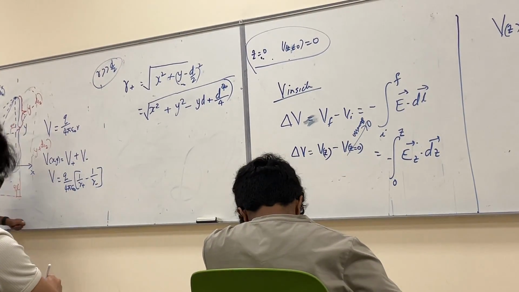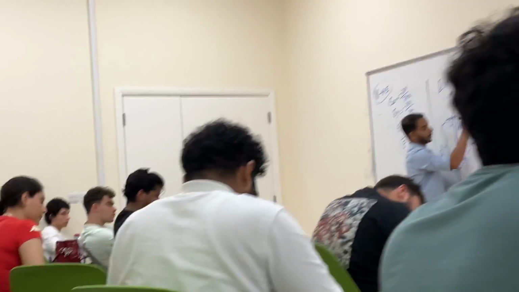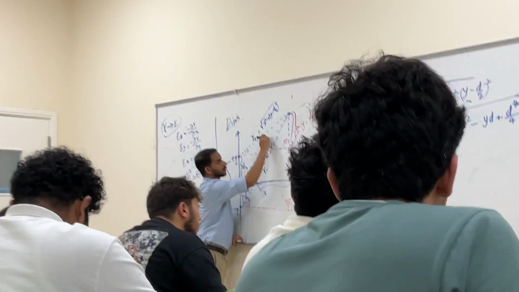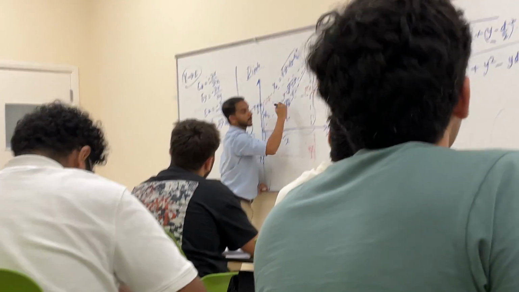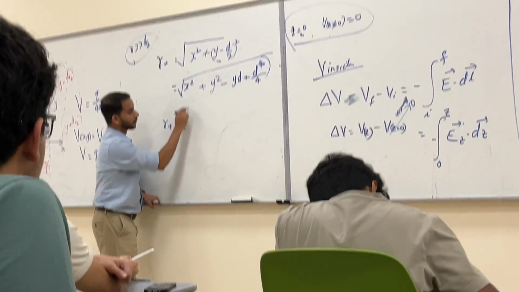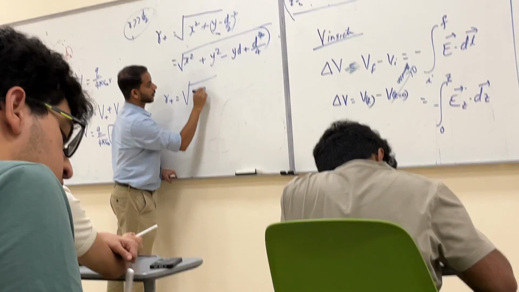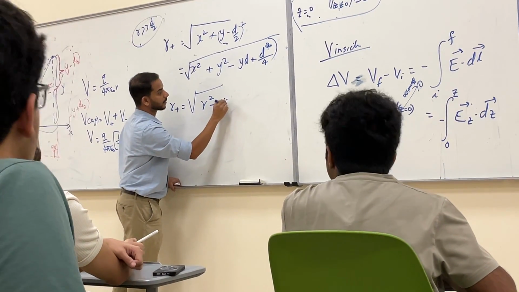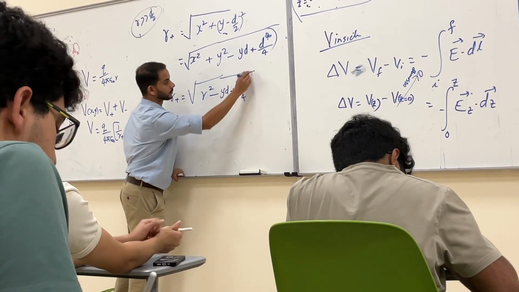And what is x squared plus y squared here? I have x squared plus y squared, whatever that is, my r. So I can write R plus in terms of r squared minus y d plus d squared over 4.